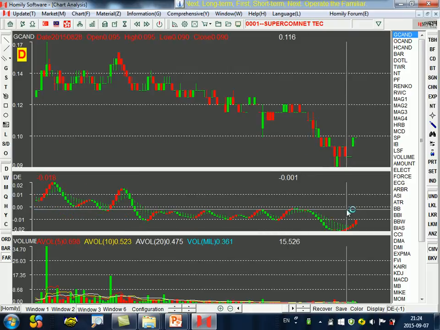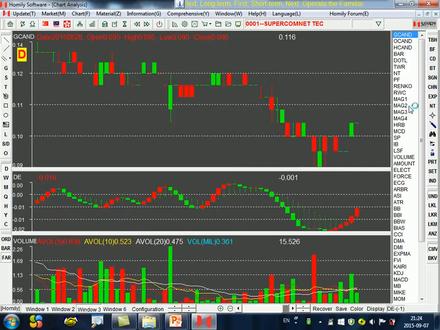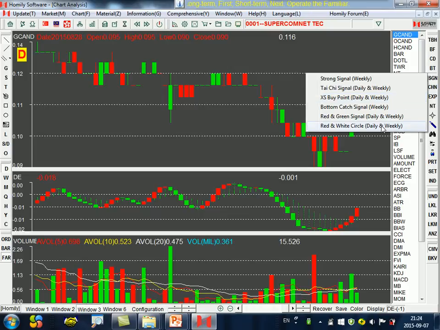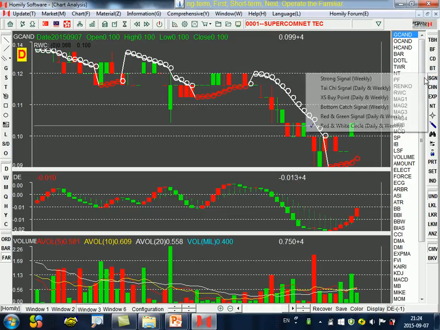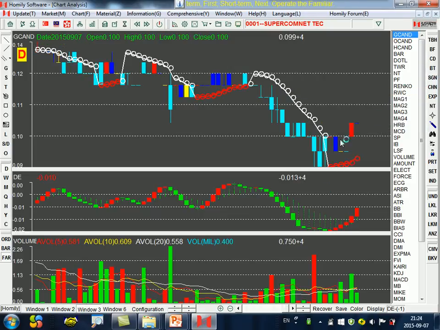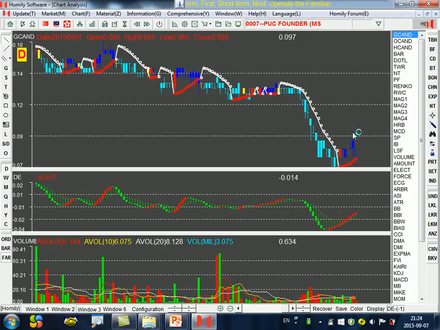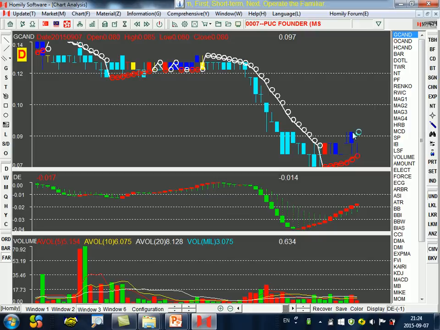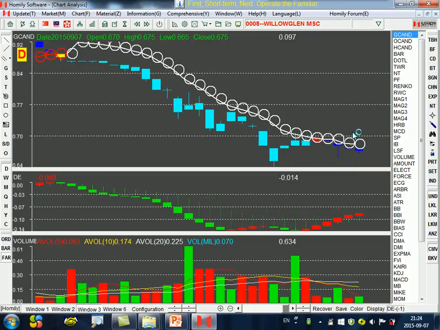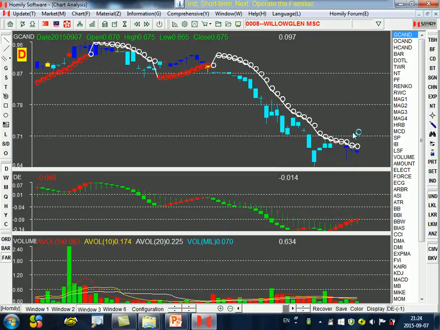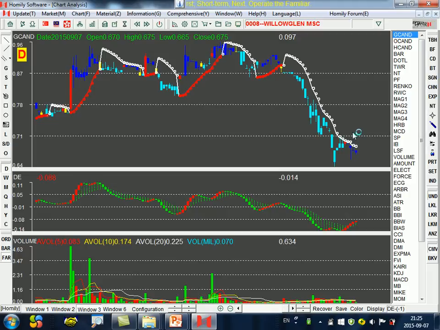You can see bottom deviation. The buy point appears yesterday. Also is the bottom deviation. But you can see the buy point not appears yet.